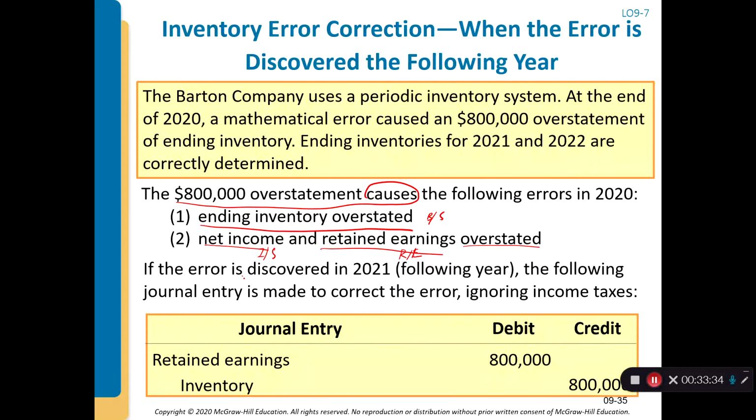If the error was discovered in 2021, what do we need to do? First of all, we need to debit retained earnings because it's overstated, right? Hence, we want to debit. And then we want to credit the inventory because it's overstated inventory. So that's how we're correcting 2021's balance sheet, right?